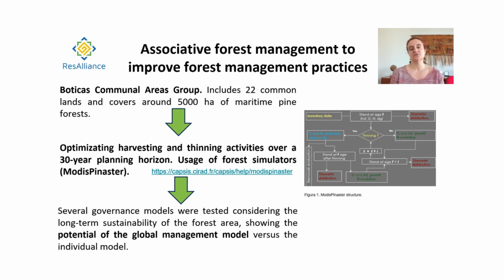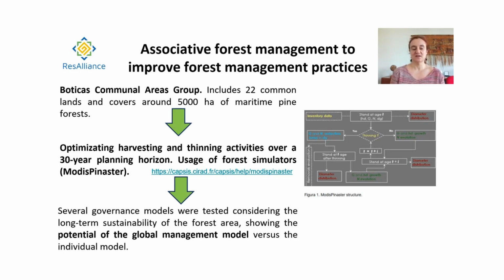And the importance of using this type of tool was the fact that we can test several governance models, test several objectives, test different constraints, all very fast, because the model will allow us to simulate all of these situations in a very fast way.